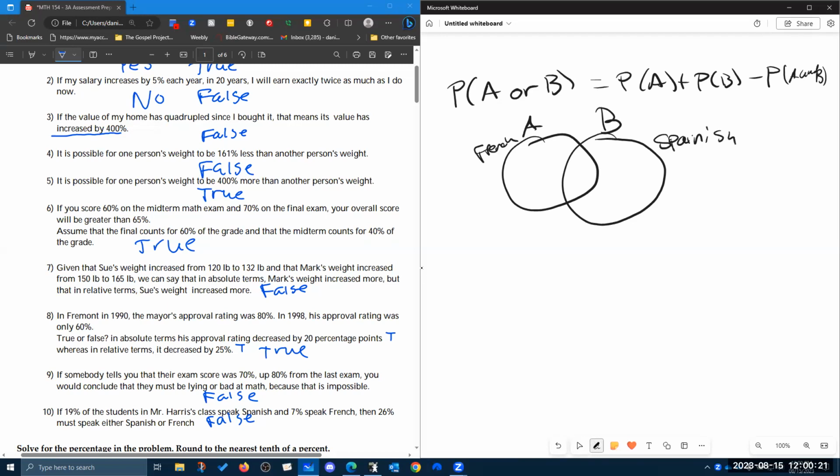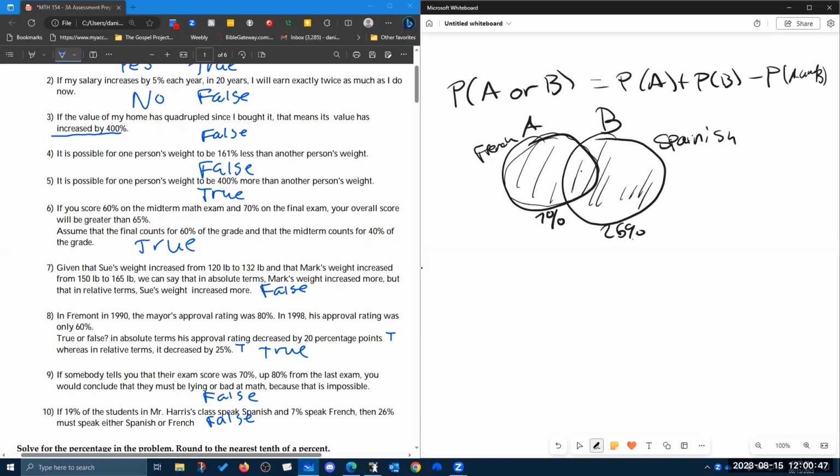And I don't know how much is in the intersection. I just know that all of circle A here is 7%, and all of circle B here is 19%.